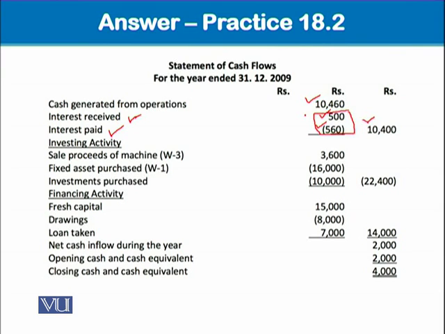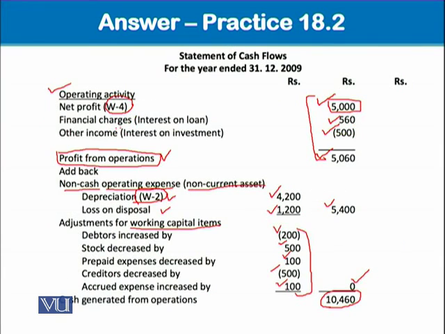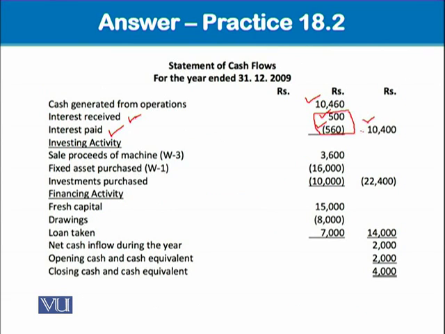Even then, we have to work it out as we are working this in this question, that first get rid of this interest income and interest expense as we worked out there. Okay, get rid of it by reverse calculation. Okay, and then you have to show it as a separate item, interest received and interest paid.